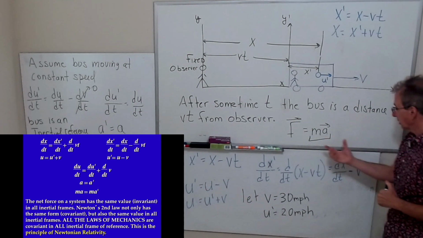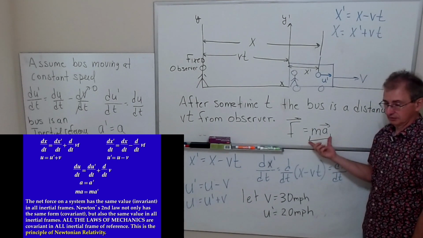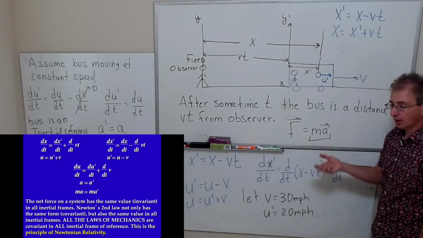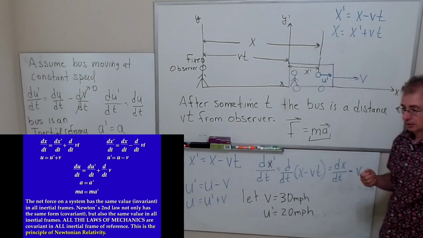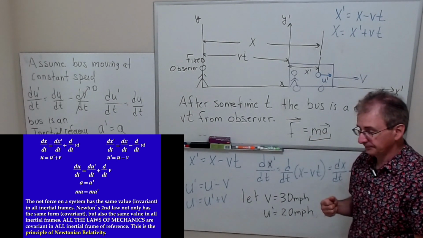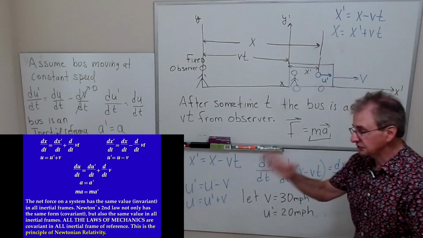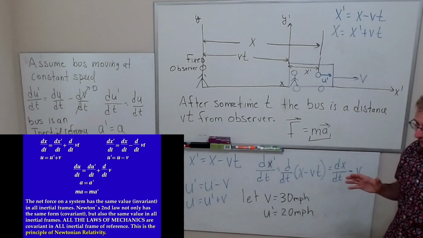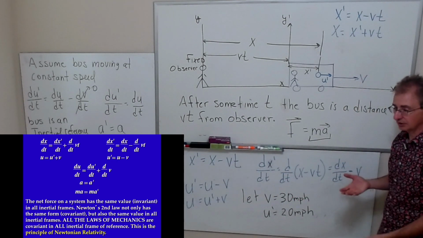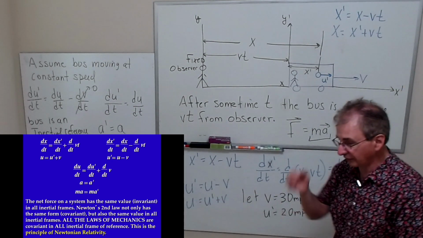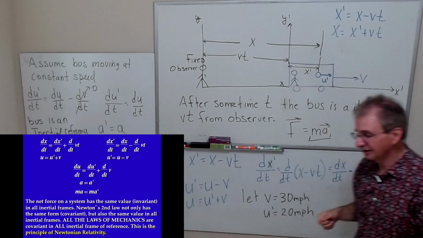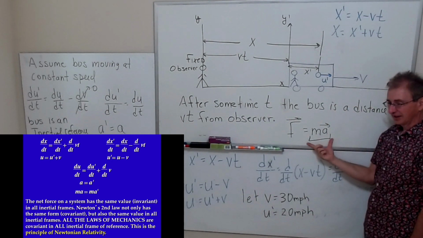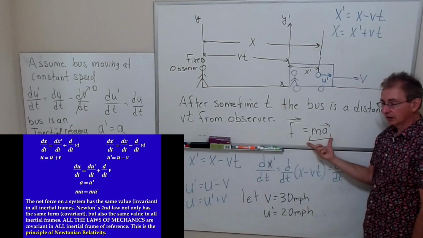Okay? This quantity never changes in all inertial frames. And so we say that this is invariant in all inertial frames. You won't see that term in the textbook, okay? I want to mention it to you because it's actually never really described very well in any textbook. But it just says that Newton's second law is invariant in all frames.